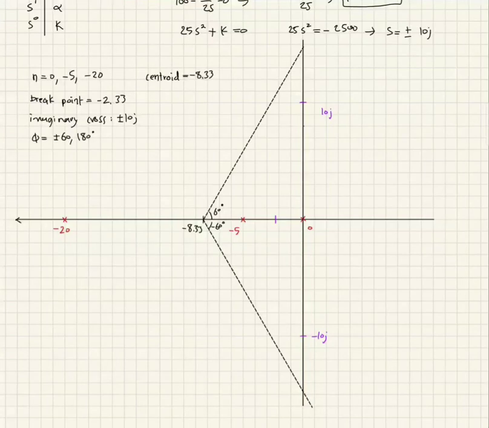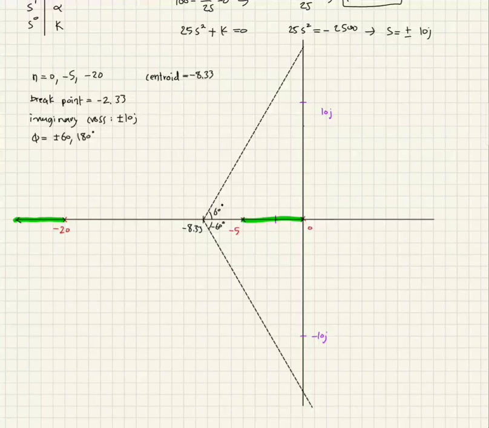We always draw like this. First let's draw the general locus. It's going to start from here, go up to here, and then leave this empty space, and then it's going to go here. So that's the general idea on drawing the locus.